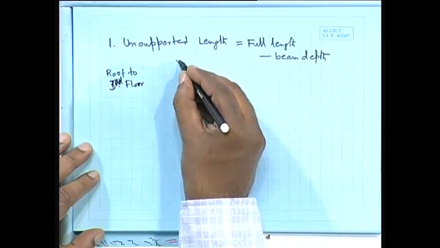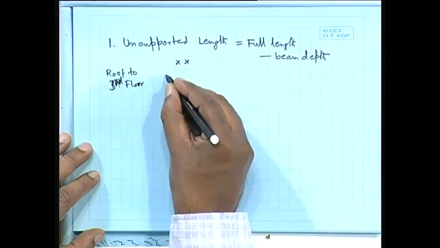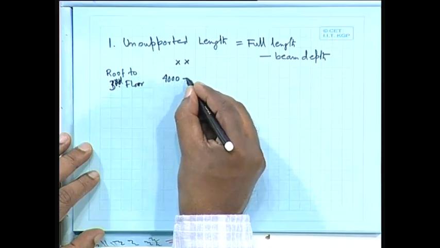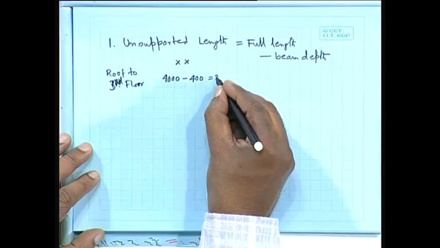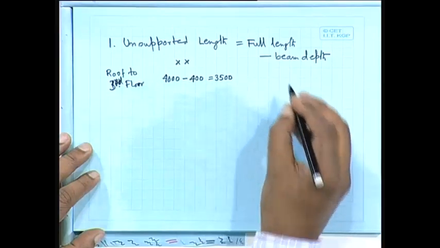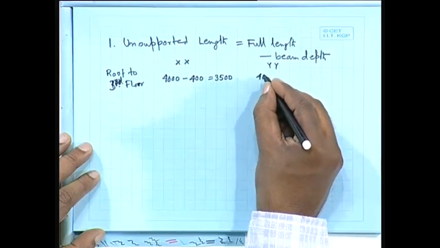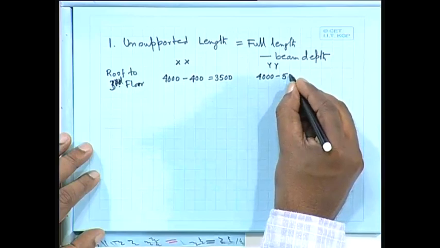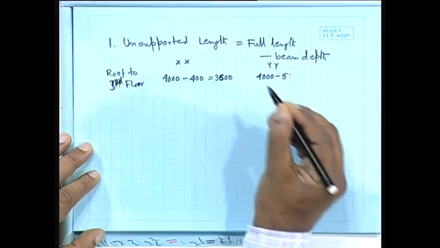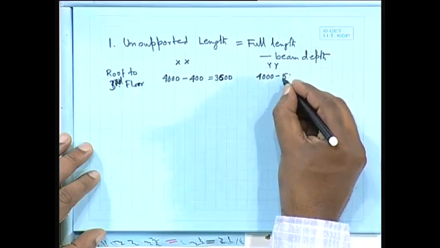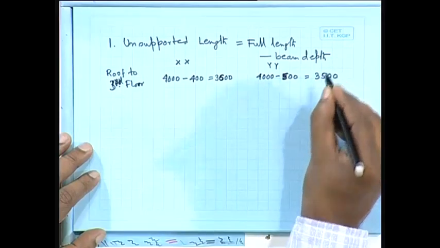So in XX, here it will be 4000 minus the beam depth, which we are given as 400, and which comes as 3600. In Y it will be 4000 minus 500, which comes as 3500.